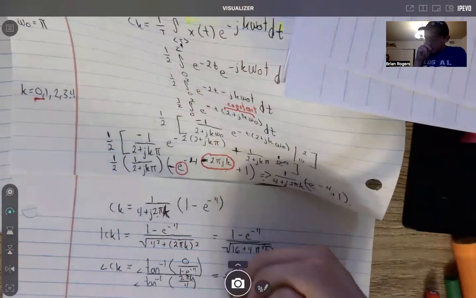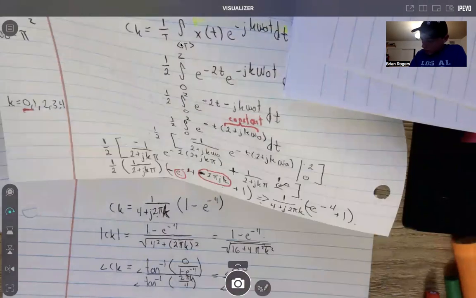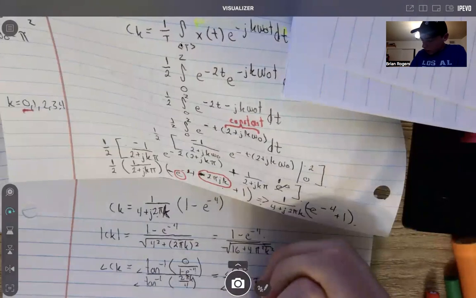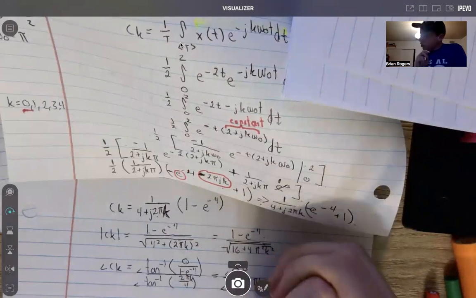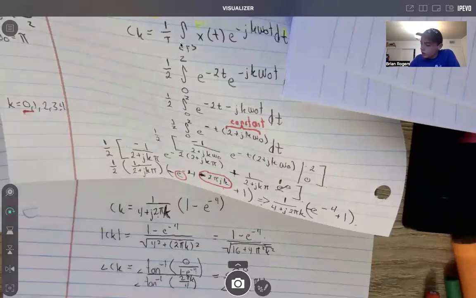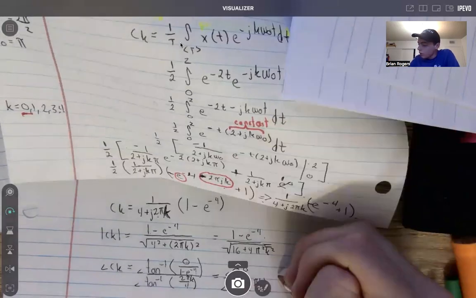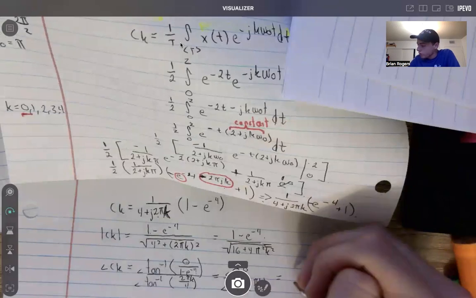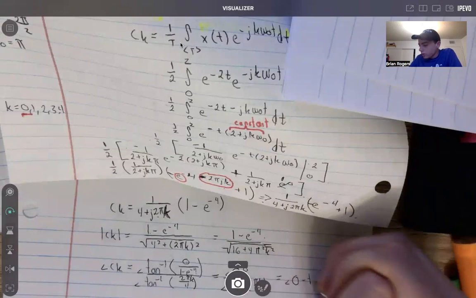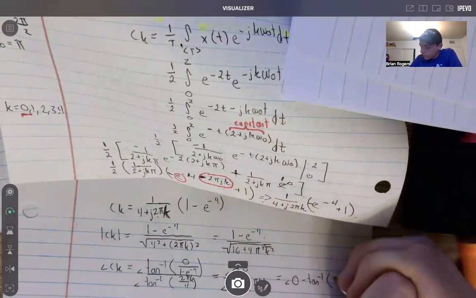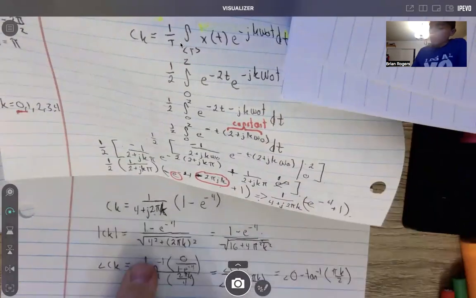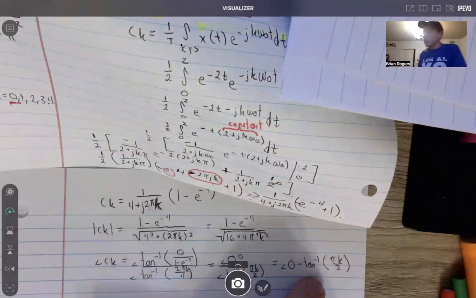And then here you're going to have tan inverse of pi k over 2, which we're going to see. So you can write your angle as 0 minus tan inverse of pi k over 2. So that's how you'd write the numerator, the magnitude and the phase part. And that is how you would solve it.